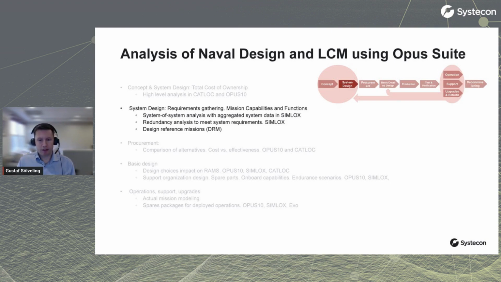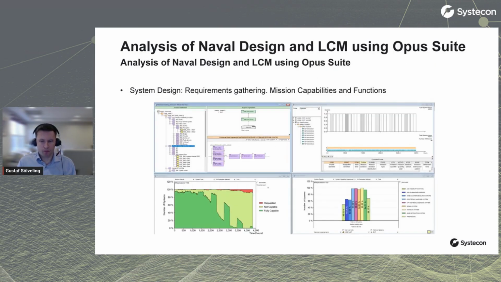Another aspect that is recommended to start looking at early in the process is your operations. What kind of operations are you supposed to support, and will your design support that operation? Here are some examples from SimLox.